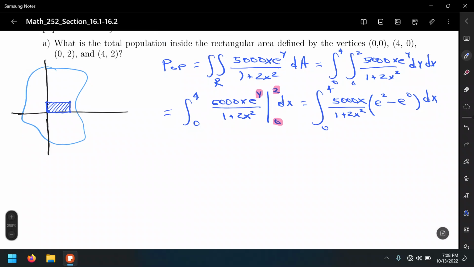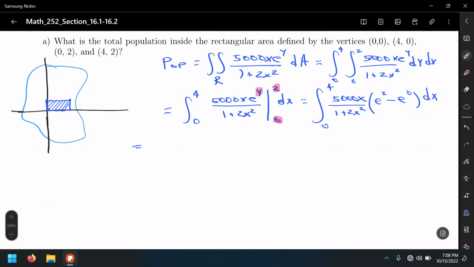I'm going to take it outside of the integral, along with the result of simplifying this e squared minus e to the 0. That's 5,000(e squared minus 1) integral from 0 to 4 of x over 1 plus 2x squared dx.